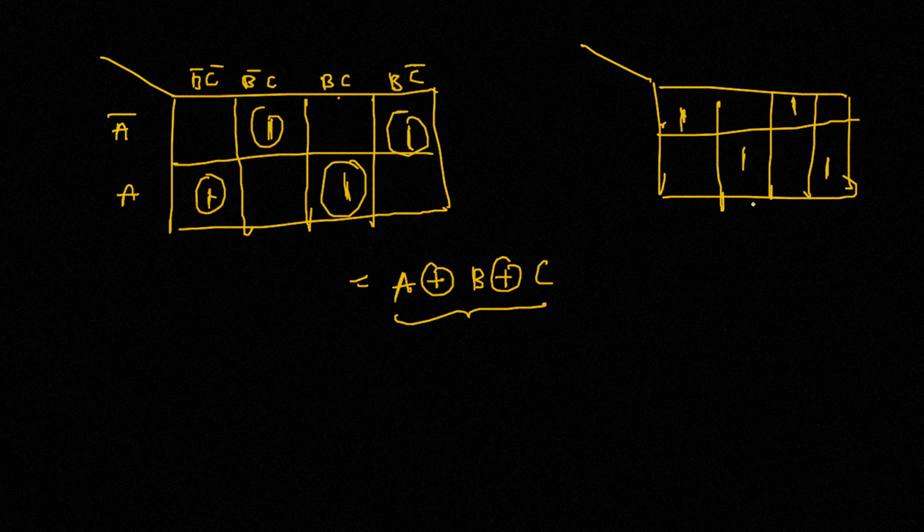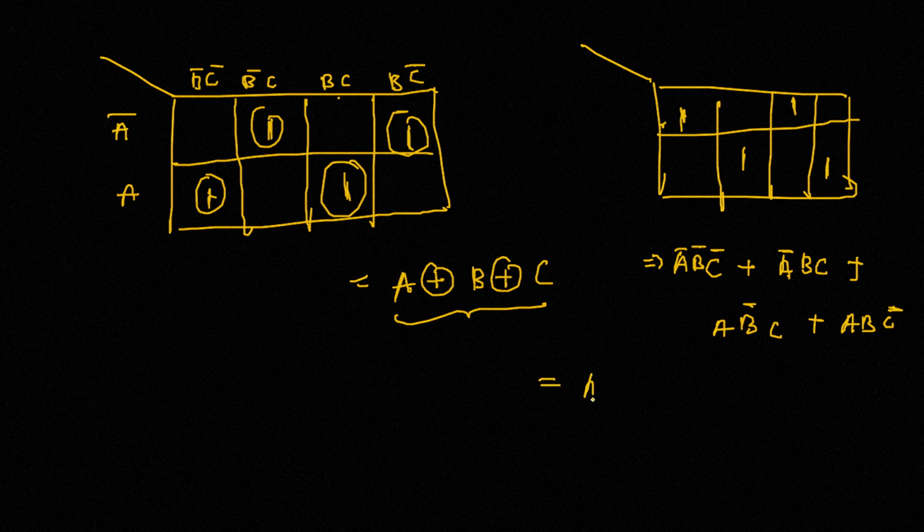So let's try and simplify this using just the laws of Boolean algebra that we know. Right, so we have A complement B complement C complement plus A complement B C plus A B complement C plus A B C complement. So from this, let's take A complement common, right?